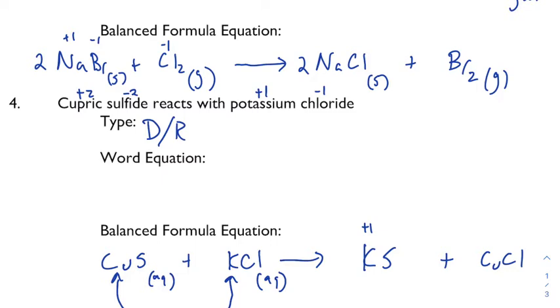Potassium is plus 1, sulfur's minus 2, copper's plus 2, chlorine's minus 1. Okay, so that means I have K2S and CuCl2. Now we balance the whole thing. So we put a 2 here, and that does it.